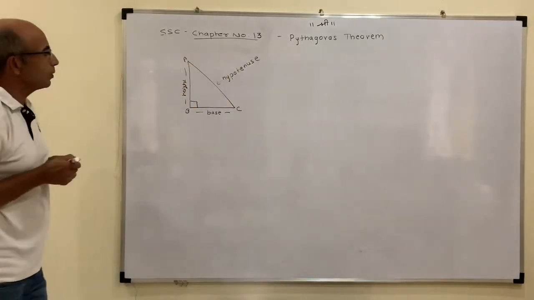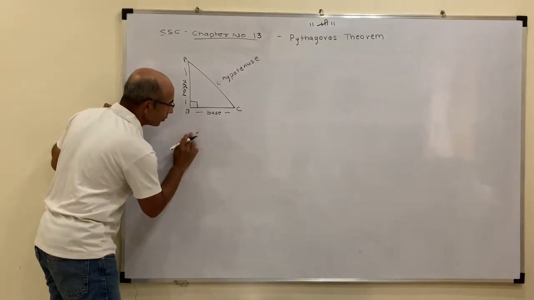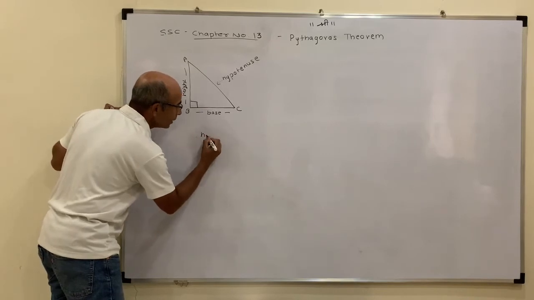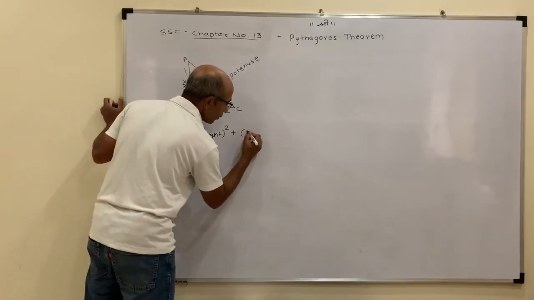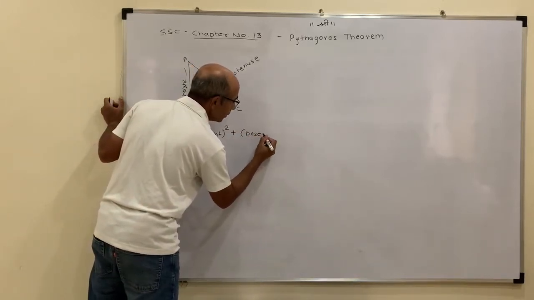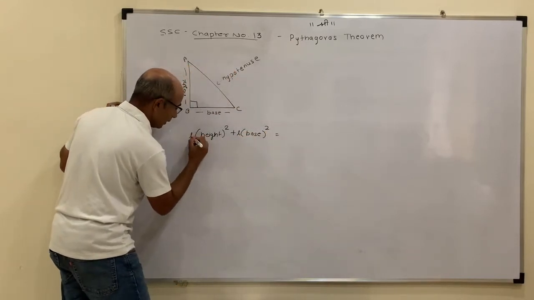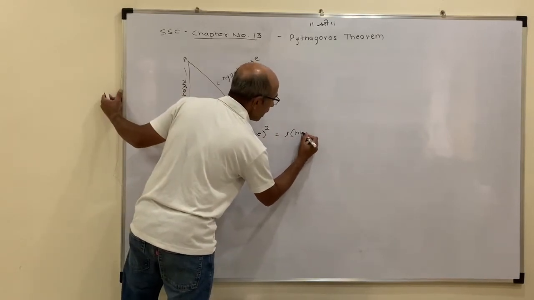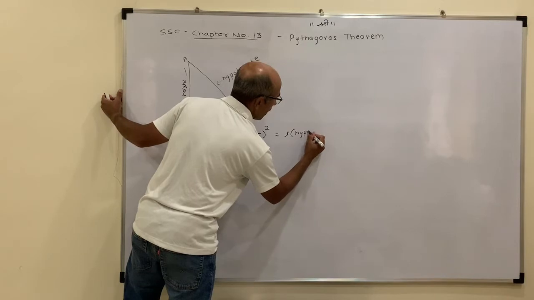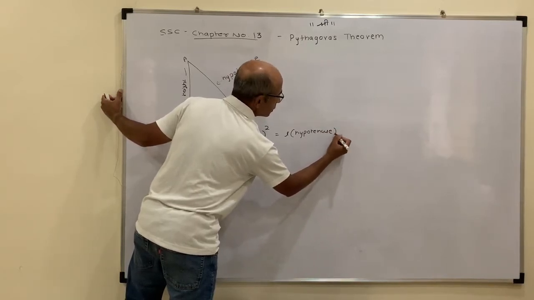Now what this Pythagoras theorem is, that length of height square plus base square equals to length of hypotenuse square.